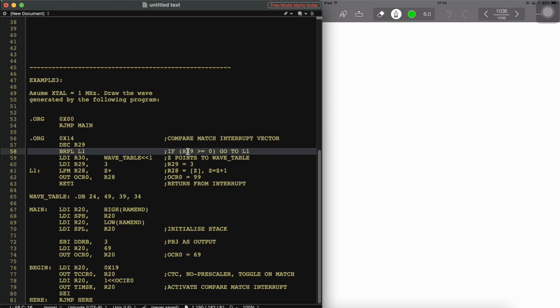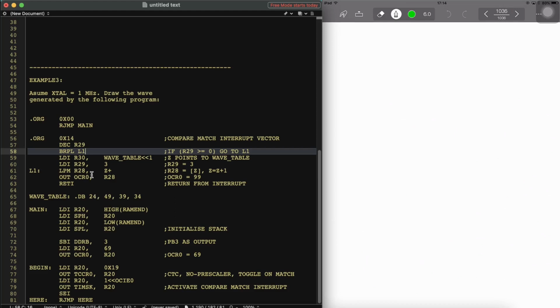So if R29 is greater than or equal to 0, we have to go to L1, where we are getting the Z register value from the table, which is going to be 24. So we have to set the value from the table, and we set it to 24.